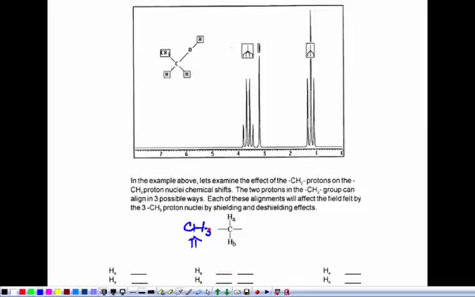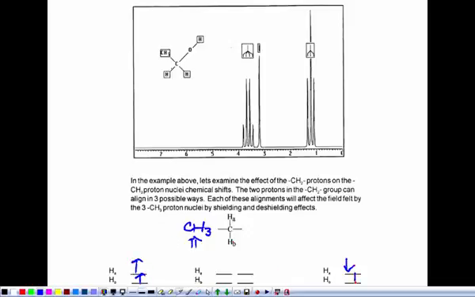And whether they're aligned with or against is going to add or subtract to the field that the nucleus feels. Just like when the electrons were oriented opposite the field, they influenced the amount of magnetic field you had to apply to get the resonance phenomenon. So it turns out that for these 2 neighboring hydrogens, there's 3 possibilities for orientations. They could both be aligned with the field.